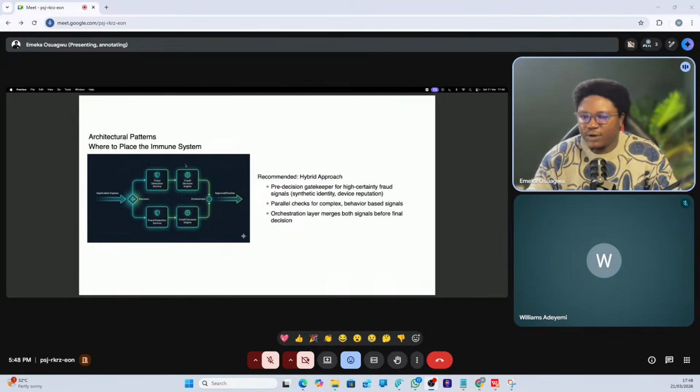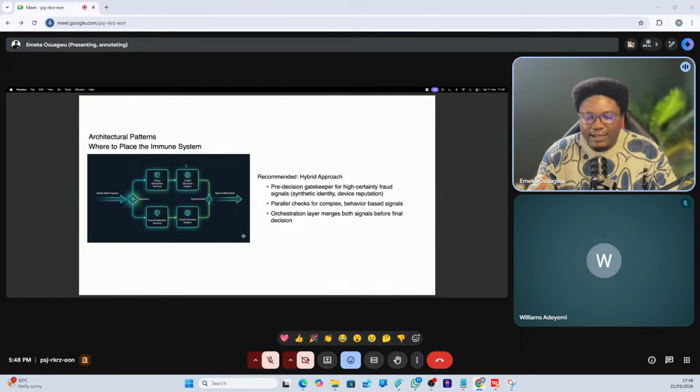So let's look at the recommended approach. The recommended approach is a situation where we have both the synchronous and asynchronous process, where we basically do pre-decisioning on high sensitive fraud signals. This is where we are using semantic identity and device reputation. We are doing that ahead of time when it comes to a customer getting a particular credit.